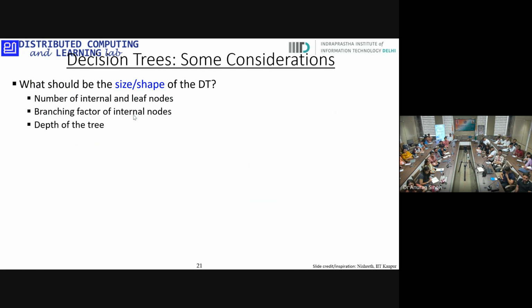Overfitting of any model means that the model is so well trained on the training data that when test data comes, its accuracy drops. The same goes with decision trees. Its depth should not be so large that it overfits. You should always keep that in mind.